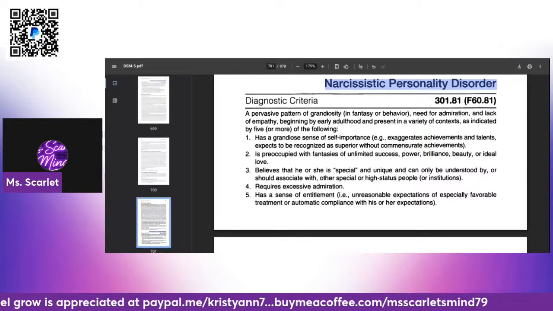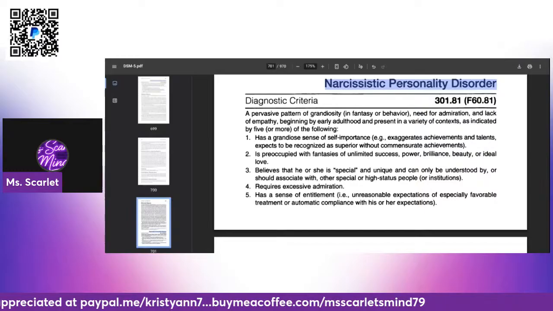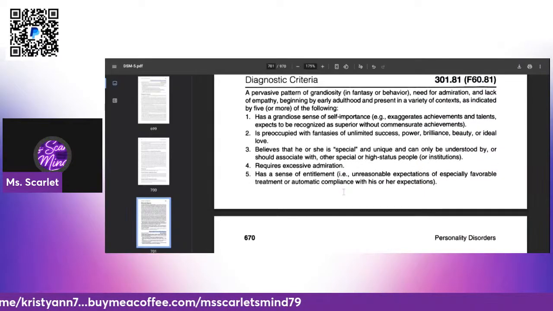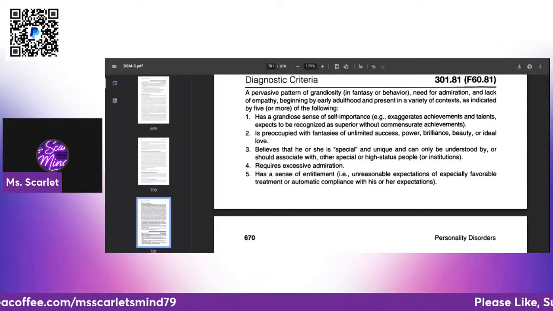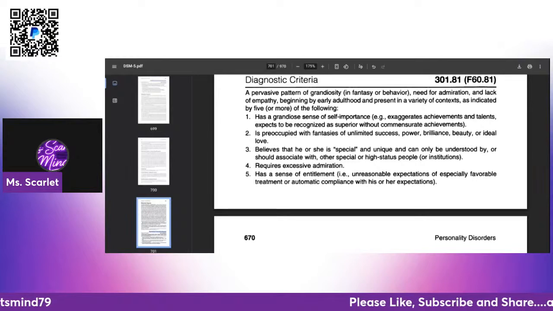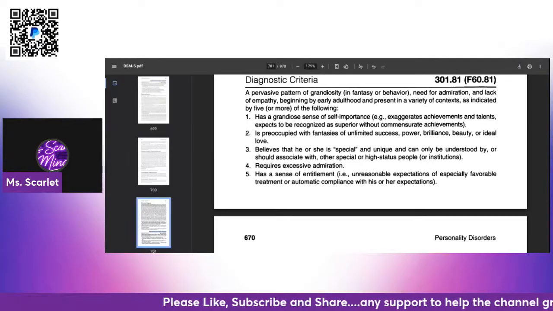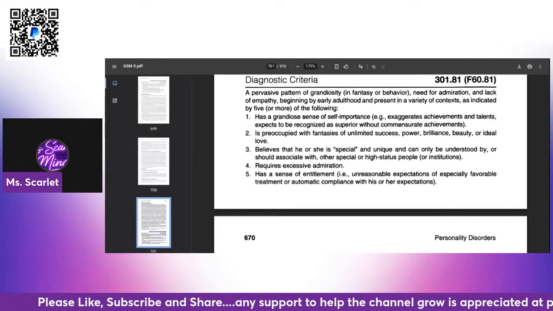So narcissistic personality disorder is 301.81. And this is the actual criteria: a pervasive pattern of grandiosity in fantasy or behavior, need for admiration, and lack of empathy, beginning by early adulthood and present in a variety of contexts as indicated by 5 or more of the following.